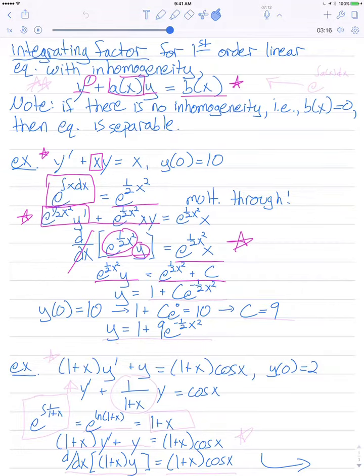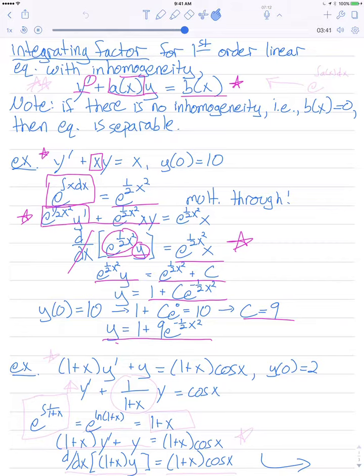So I'm going to divide through by e to the 1/2 x squared, and I get y equals 1 plus c e to the minus 1/2 x squared. You can go ahead and plug in the initial condition, y of 0 equals 10. That tells you 1 plus c e to the 0 must equal 10, so c is 9, and therefore y equals 1 plus 9 e to the minus 1/2 x squared.